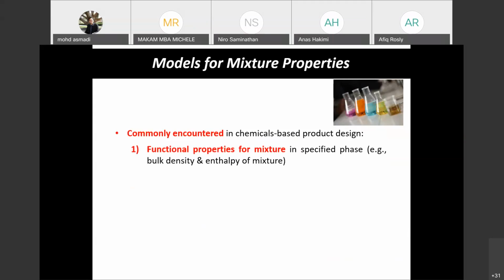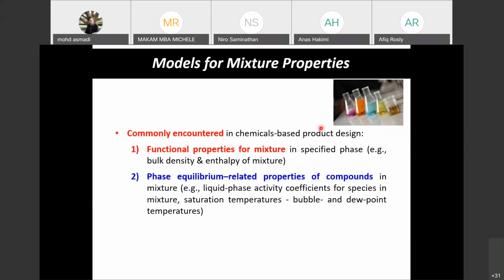And then phase equilibrium, related to properties of the compound, such as liquid phase activity, saturation temperature, bubble point and dew point temperature. You still remember how to determine bubble point and dew point in chapter 10. This is phase equilibrium, definitely. Bubble point, dew point, flash point.